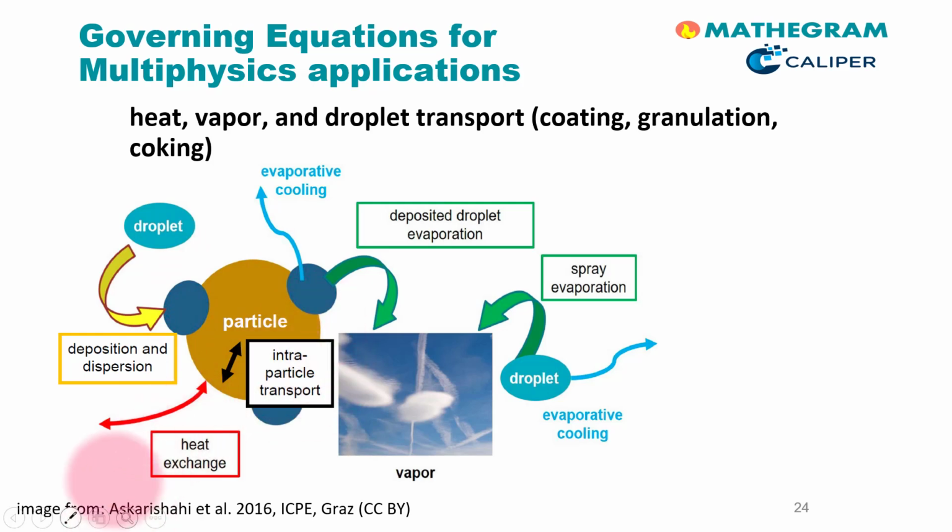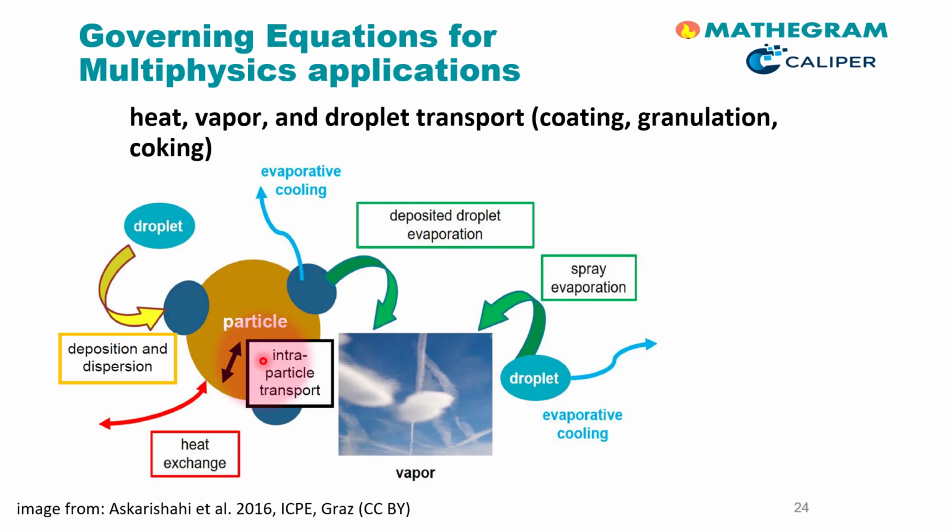Let's start with the liquid droplets here on the left. They may collide with particles and deposit, and consequently may be dispersed by the particle motion. The liquid may also be soaked up in the pores of the particles, resulting in intraparticle transport phenomena.